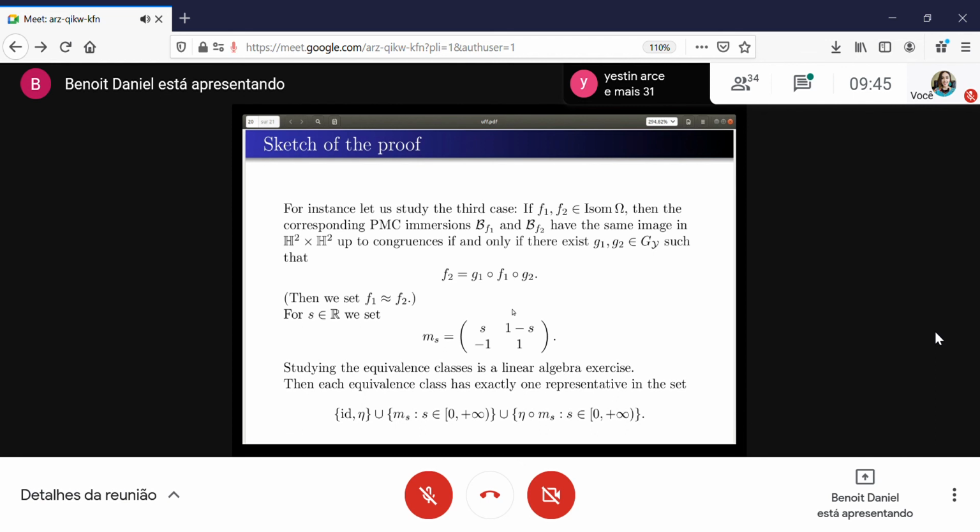This is a kind of strange equivalence relation, but it's a linear algebra exercise to describe the equivalence classes of this relation. But before doing this, we can think of the dimensions. The isometry group of omega is of dimension 3. And I'm doing a quotient on the left and on the right by the group GY, which has dimension 1.